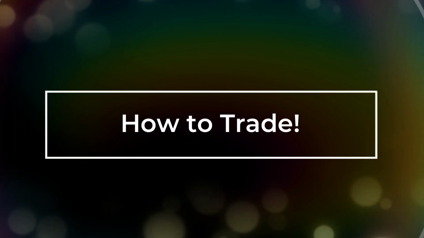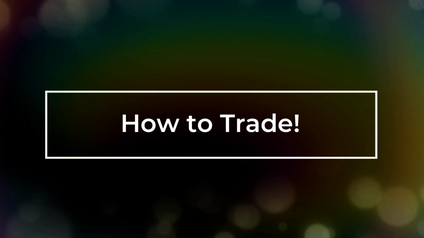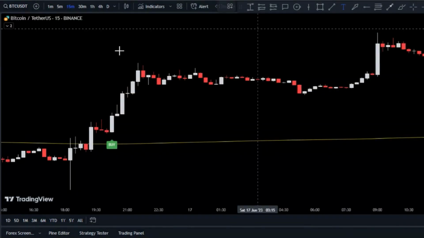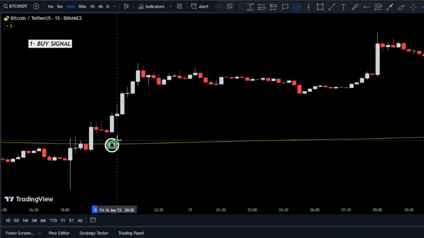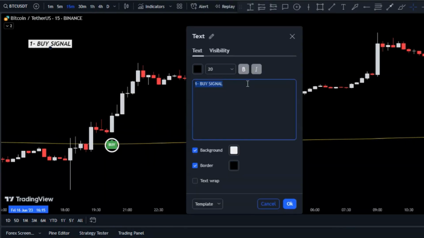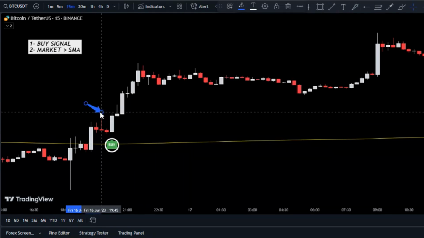Based on the indicators, the entry rules for trades will be as follows. To initiate a long position, you'll first need a buy signal. Next, take note of price being above the SMA indicator, as this condition allows you to open a long trade.